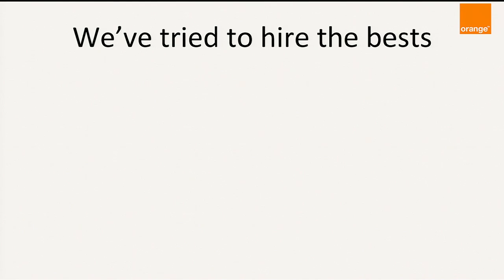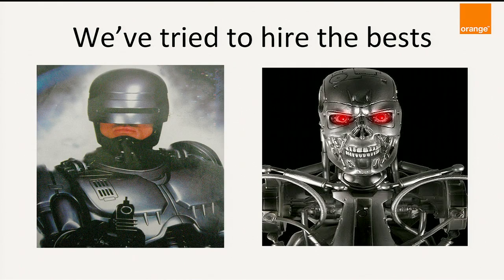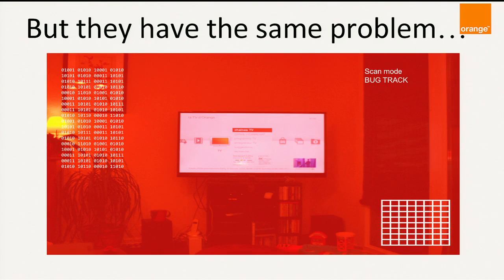To do that, so to replace the developer during the test phase, we try to hire the best. So we try to hire robots, but it's robots from the 90s, so they are a bit rusty. And I don't know if you remember how these kind of robots see our world. It's something like that.